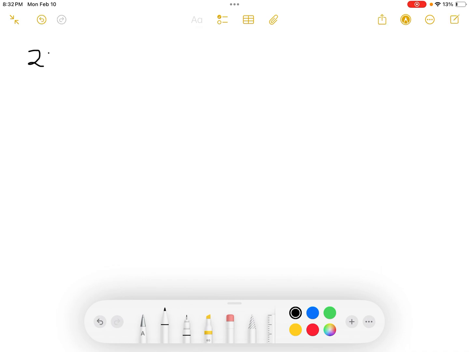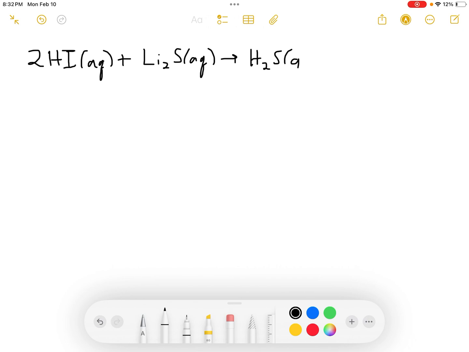Let's say we have HI, that's hydroiodic acid, I think. Let's say it's aqueous. And it's going to react with lithium sulfide, which is also aqueous. And that's going to react to form hydrogen sulfide, which is a gas, and lithium iodide, which is aqueous.